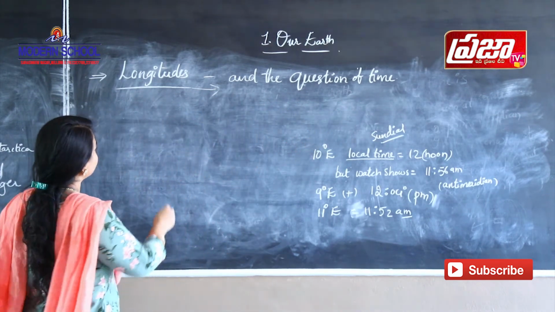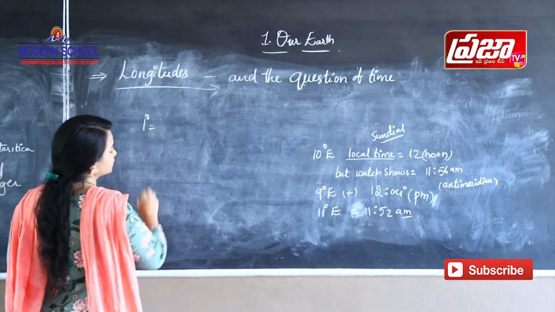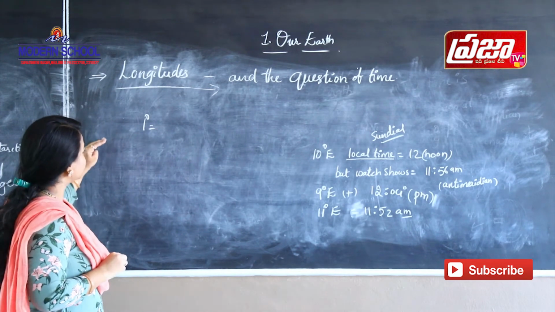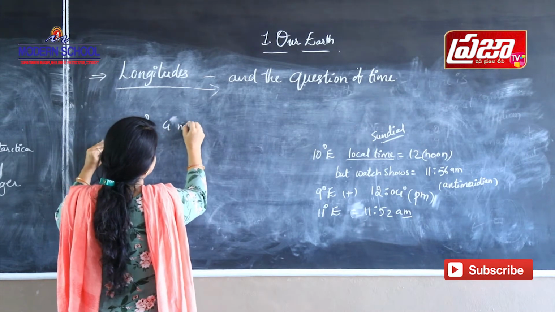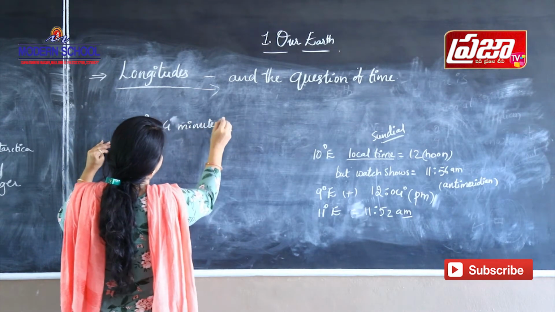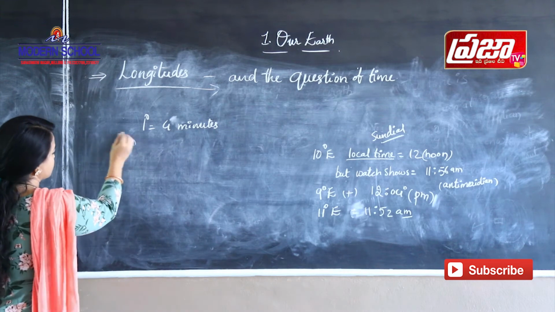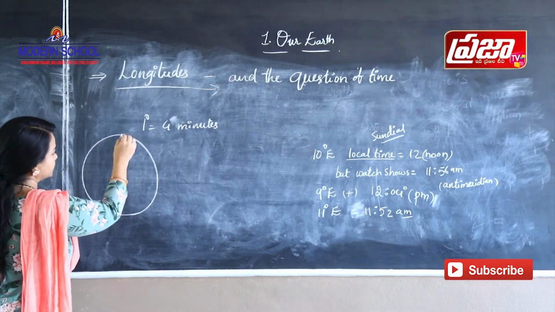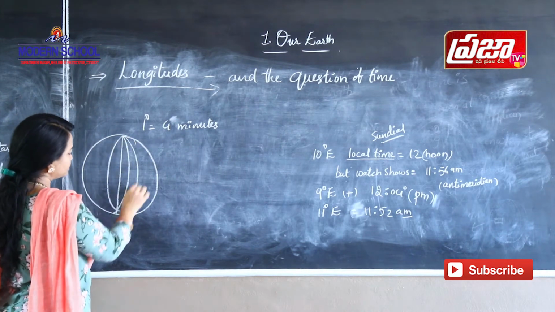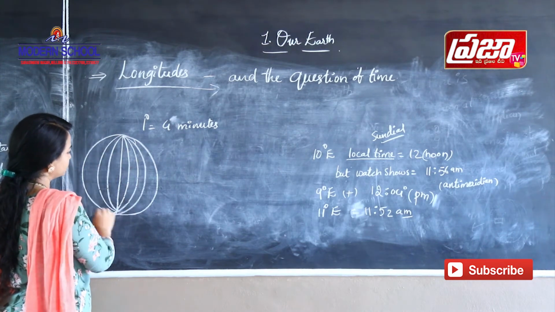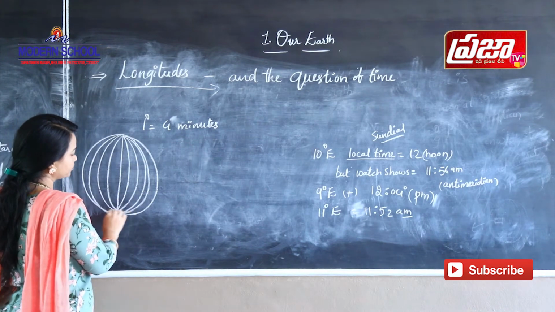Here, for the sunlight to move 1 degree, it takes 4 minutes. It means we have 360 longitudes, so each longitude is drawn at 1 degree.